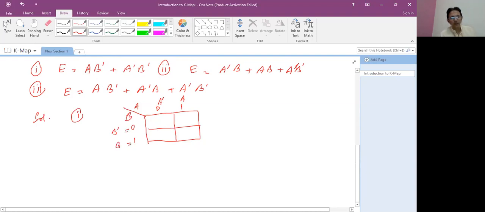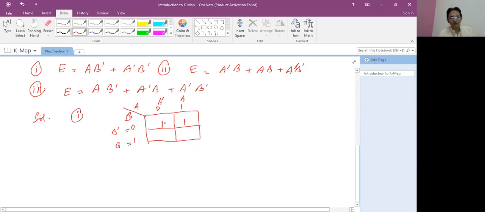So when we consider the first expression, A B complement, we mark here a sign, or you can write 1 as you wish. For example, we mark 1, and the next one is A complement B complement.